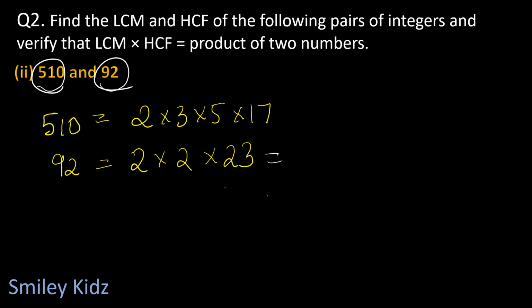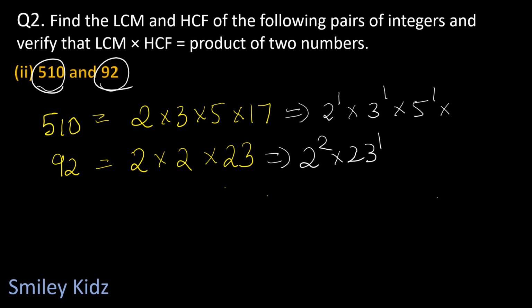Now this is nothing but 2 square times 23 to the power of 1, and this is nothing but 2 to the power of 1 times 3 to the power of 1 times 5 to the power of 1 and 17 to the power of 1. Now what is the LCM of 510 and 92?